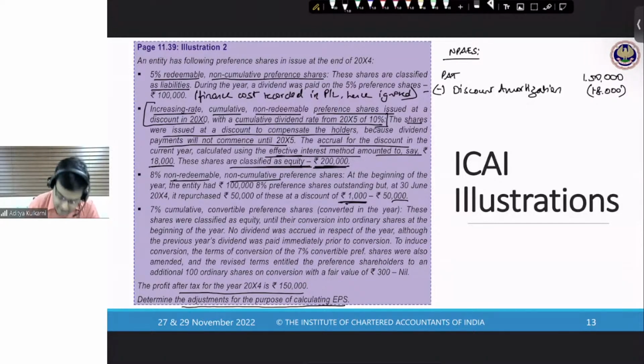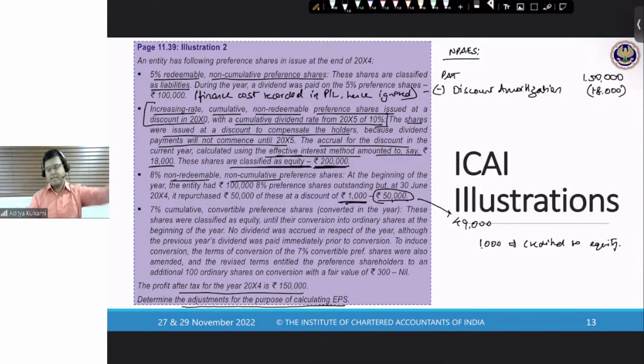Meaning, how much did I purchase for? I have purchased preference shares worth 50,000, but for this I have paid only 49,000. So this discount of 1,000 is already credited to equity. It goes and sits in your equity. Sir, what does it mean?